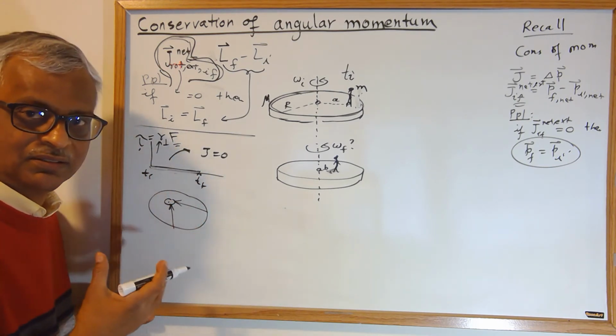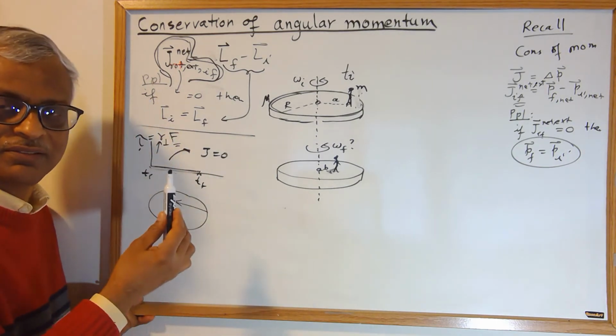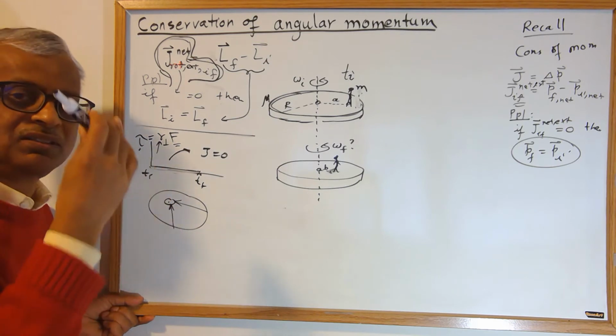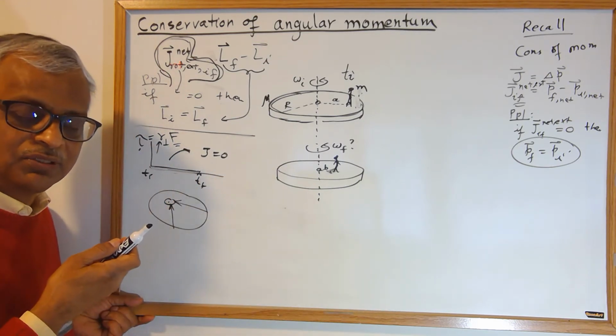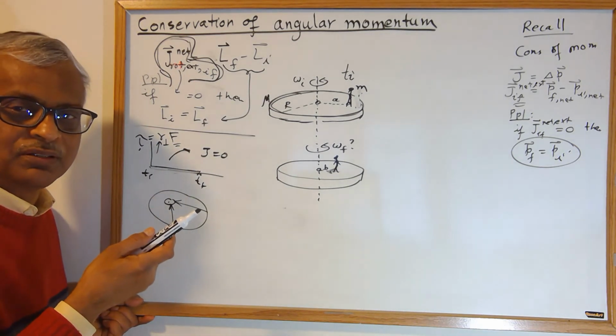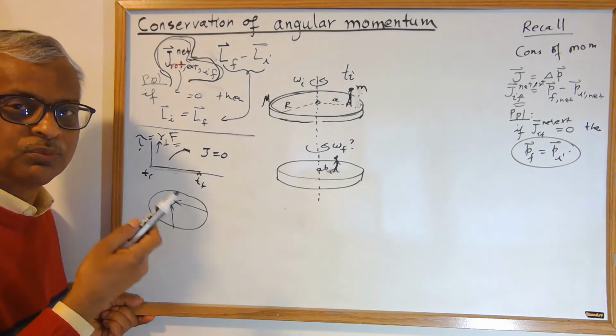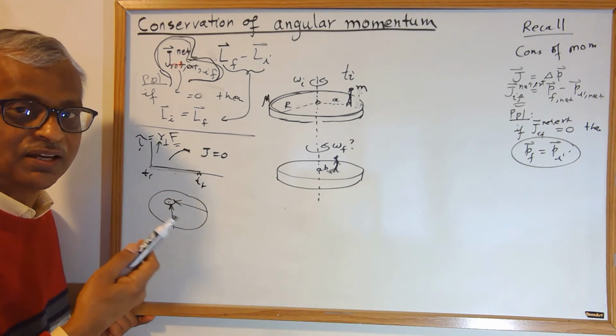For instance, when Earth is going around the Sun, the rotation axis is going through the Sun, and the force from the Sun is actually going through the rotation axis. So the angular momentum of Earth will be unchanging with time, even if there's a force acting on it.